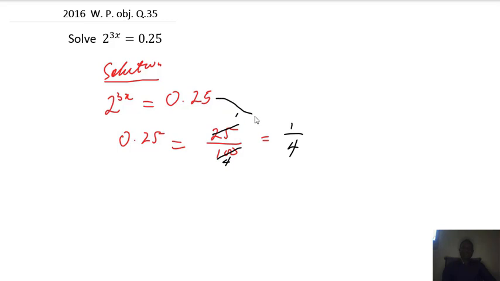So instead of 0.25, we are going to use 1 over 4. So we have 2 exponent 3x will be equal to 1 over 4.